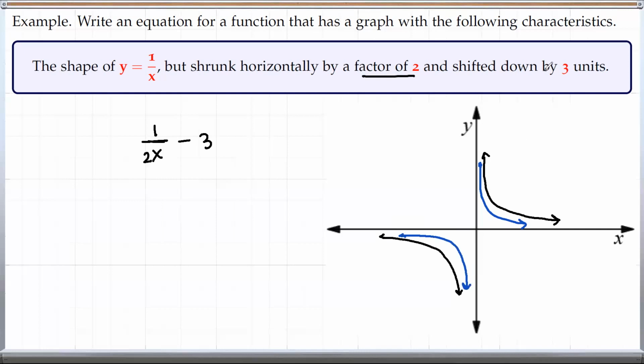And then the next one is shift down by 3 units. Everything is moved down by 3 units. So this is the graph of the final function, 1 over 2x minus 3.